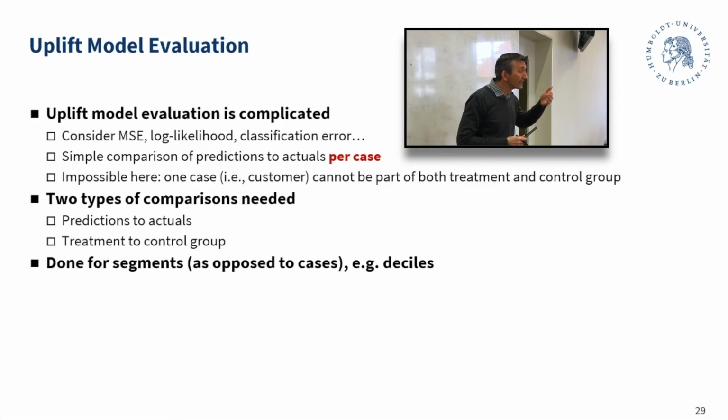An additional complication here in the scope of uplift models or causal models is that you have these two potential outcomes. You don't know what the true outcome of a treated customer would have been had she not been treated. The potential outcomes are not observable.